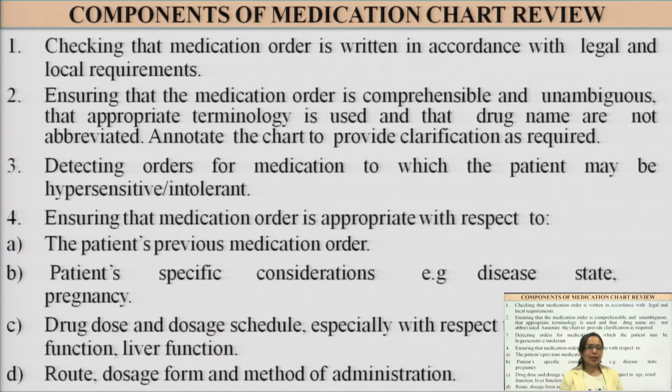Then the drug dose and dosage schedule, especially with respect to renal function and liver function, mainly renal function, we have to be very strict. As I told you just now, in disease state, if there is any renal disease, then the effect will be different and the drug toxicity will be different. So the drug dose and dosage schedule, especially with respect to renal and liver function, has to be considered.